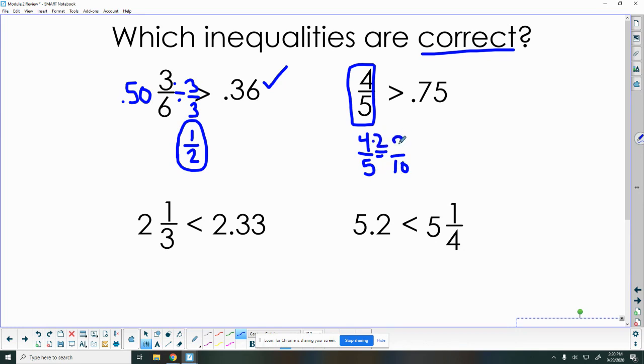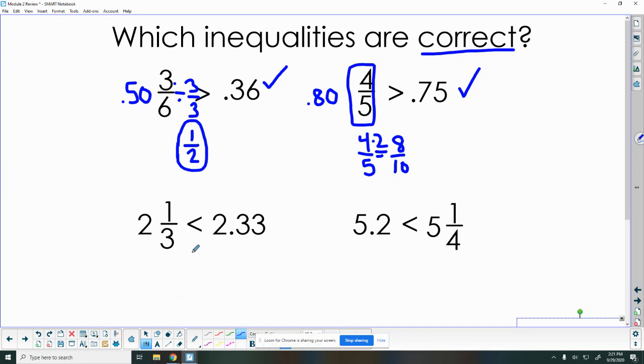So 4 times 2 is 8. 8 tenths is 8 tenths. Well, I want to remember to put that extra 0 there. 80 compared to 75. If I just think 8, I might think that 8/10 is smaller, but 8/10 is actually greater than 75 cents. So this one is also true.